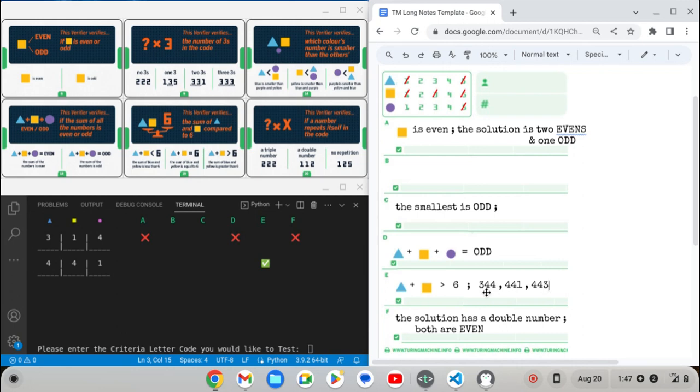Let's see. Just based on 3s, yeah, there is, which one's or where is the smallest? Yeah, it's a toss-up.